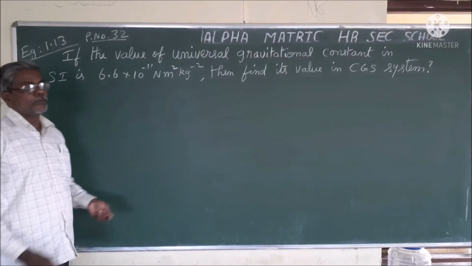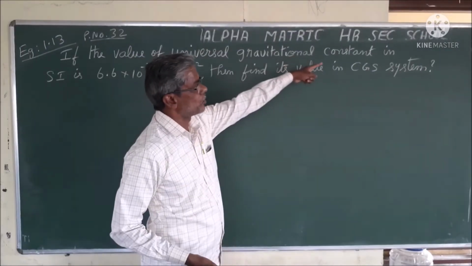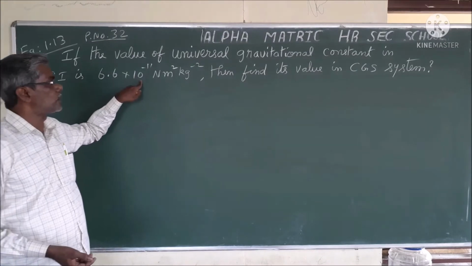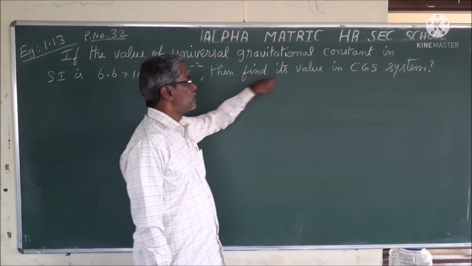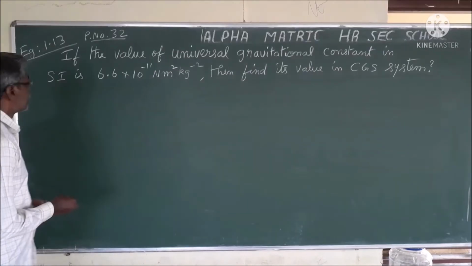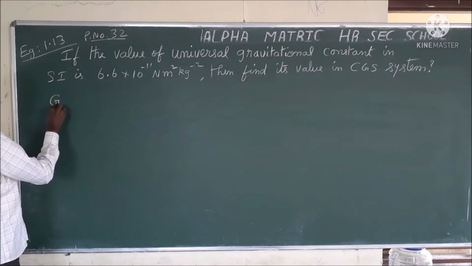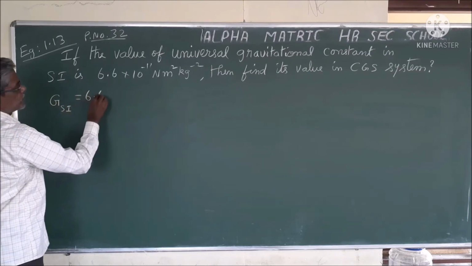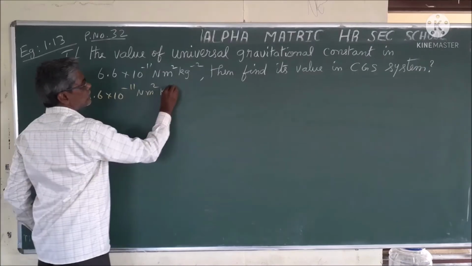So now, example 1.13. If the value of the universal gravitational constant in SI is 6.6 into 10 power -11 Newton meter square kilogram -2, then find its value in the CGS system. So what is given? Gravitational constant G is given in the SI system, that is 6.6 into 10 power -11 Newton meter square kilogram -2.